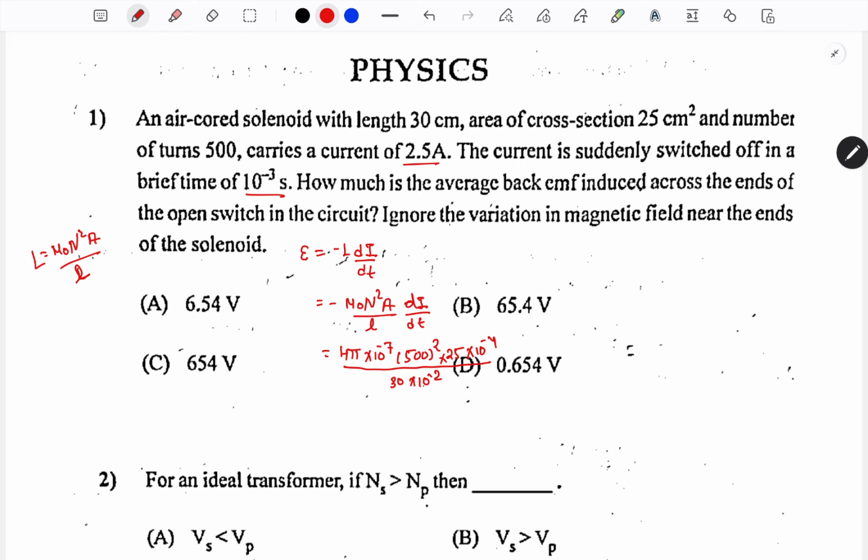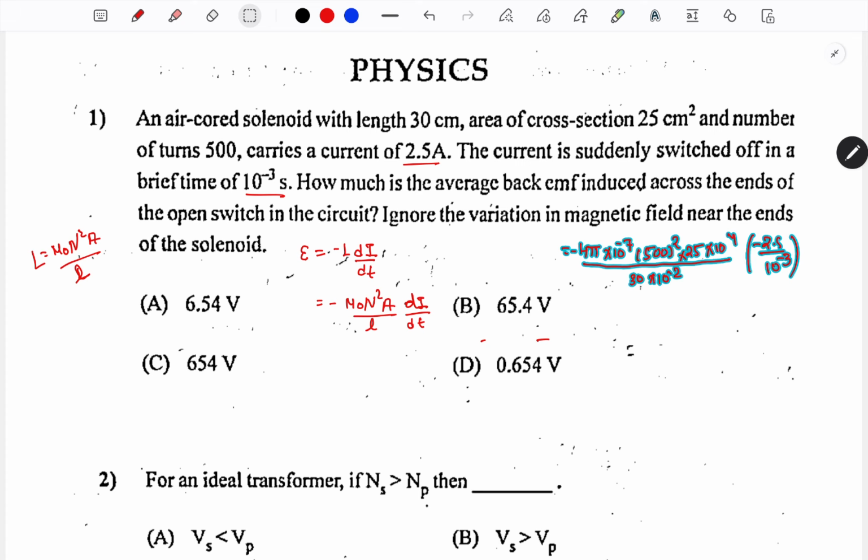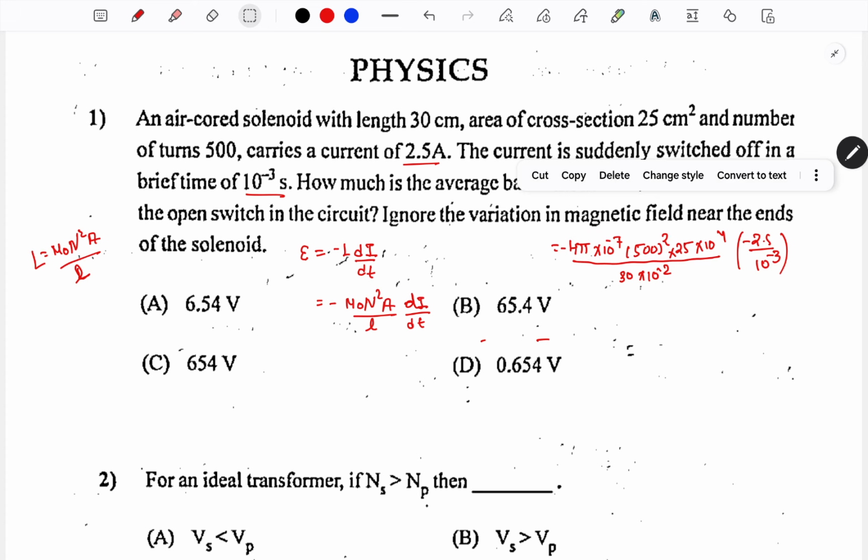The last thing is current and time. Current is minus 2.5; minus sign and minus, because the current is dropped. So 1 into 10 to the power minus 3 for the time.